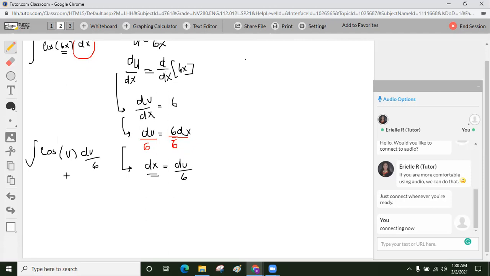Okay, so what is our rule when it comes to constants? What is our rule when we are integrating constants? The rule is that the integral of k dx is equal to kx.